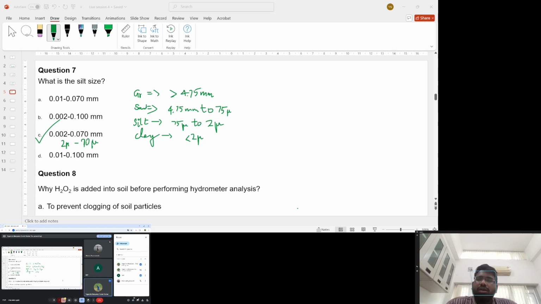Here silt refers to silt sized material. Even though they are non-plastic, since their sizes are small, their permeability is very low.